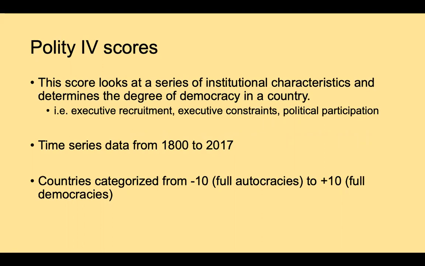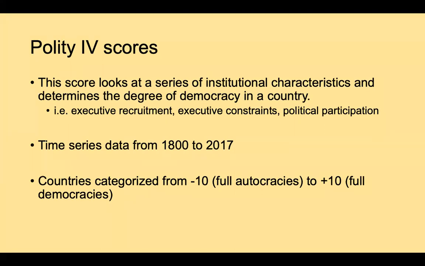We'll begin by addressing the next measure, the Polity 4 score. Whereas the democracy dictatorship measure is really a dichotomous measure that treats democracy and dictatorship as two polar types, the Polity 4 score is more continuous. It looks at a series of institutional characteristics and determines the degree of democracy in a country.